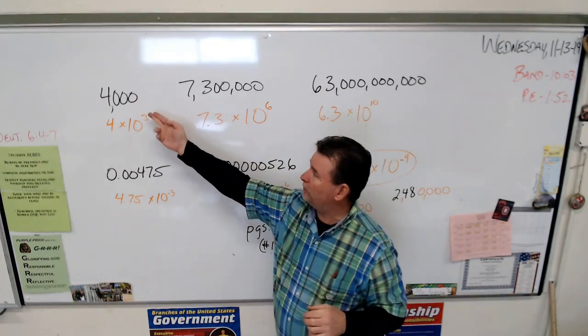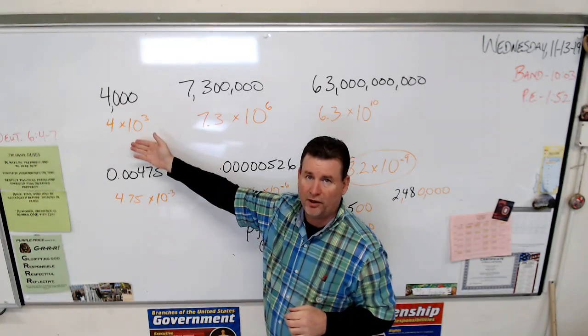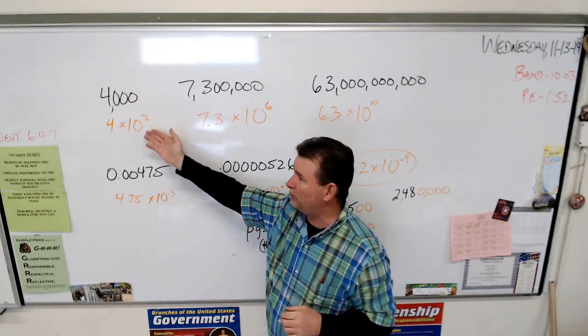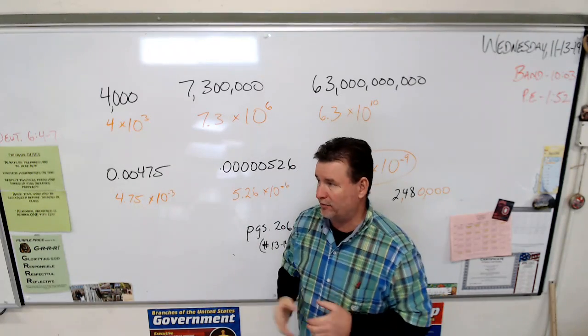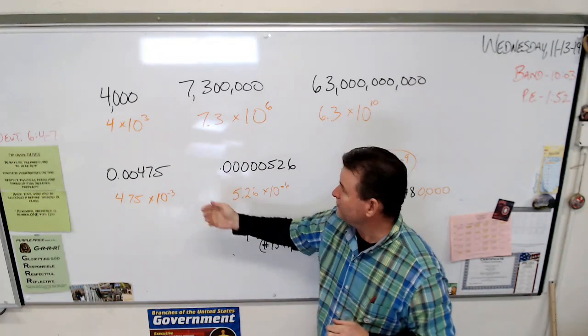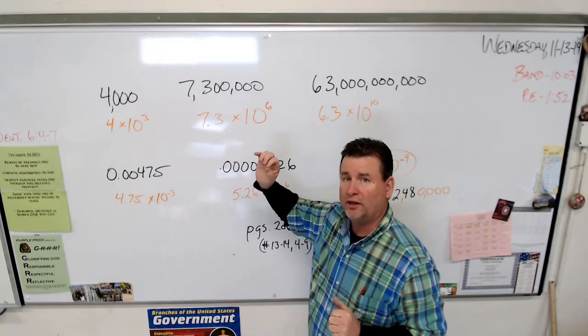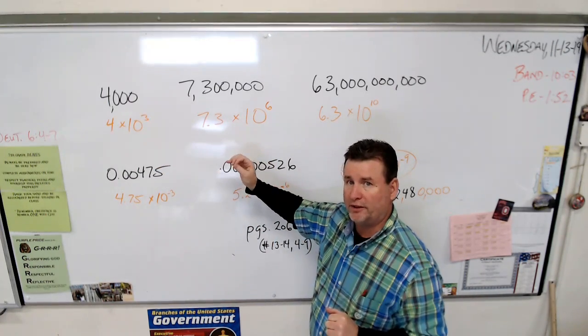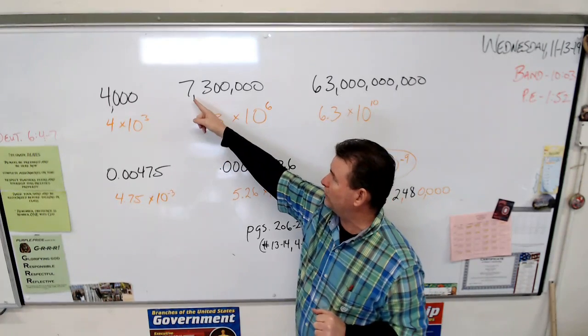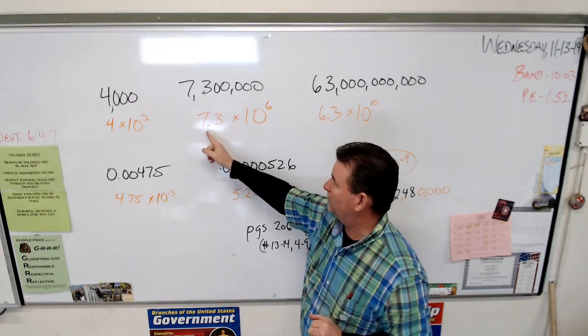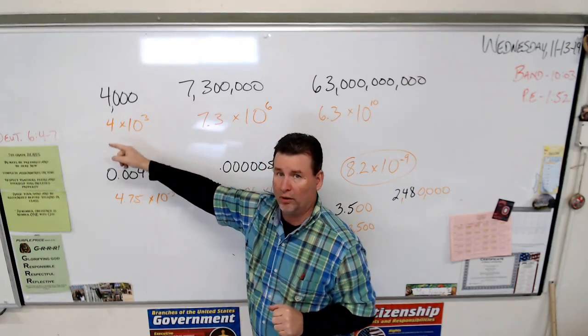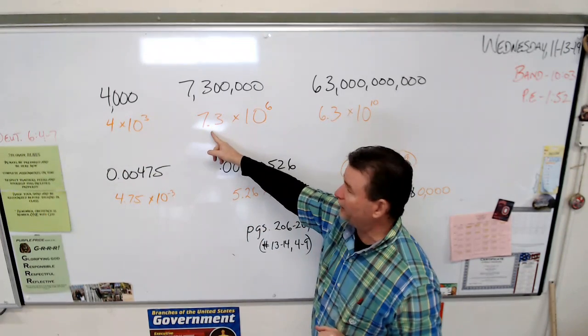Standard form, 4,000, scientific notation, 4 times 10 cubed. I'm going to try to go fast. I only have about 3 or 4 more minutes. Notice that the scientific notation is written always with the decimal point coming after the first non-zero digit. Decimal point would be after the 4. Decimal point after the 3.